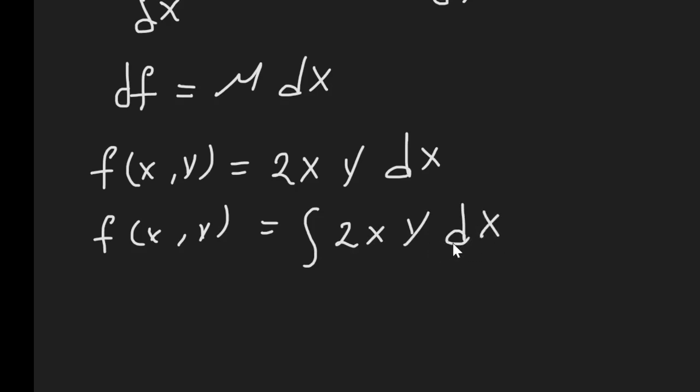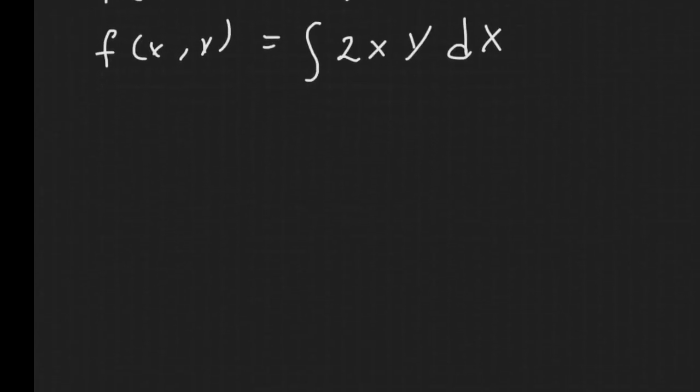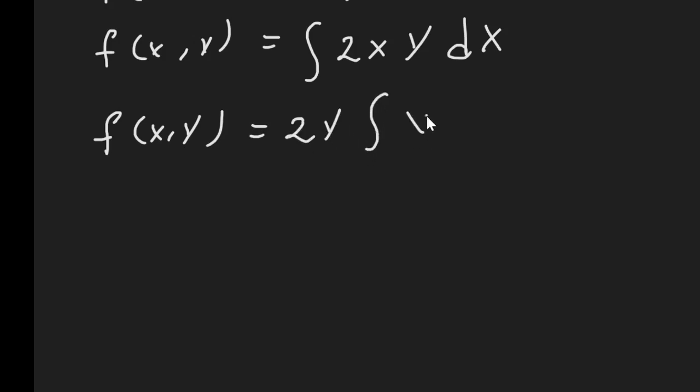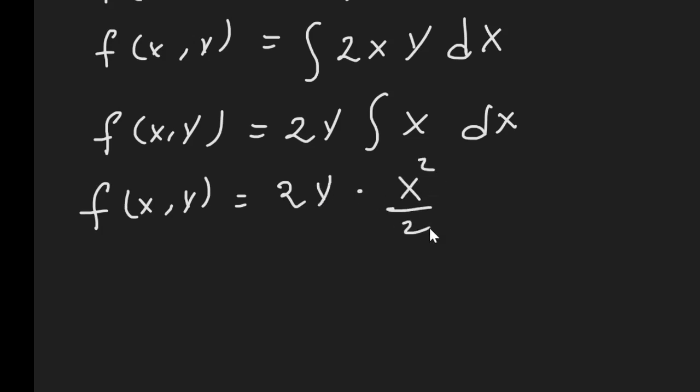Because we're integrating with respect to x, the 2 and the y are constants, so you can drag them out of the integral. So you would say 2y integral x dx, and this is basically equal to 2y times x squared divided by 2 plus c in terms of y, because we integrated with respect to x, and this is a function of x and y.